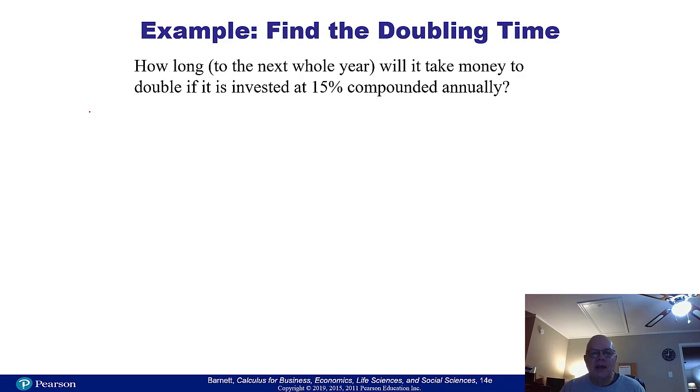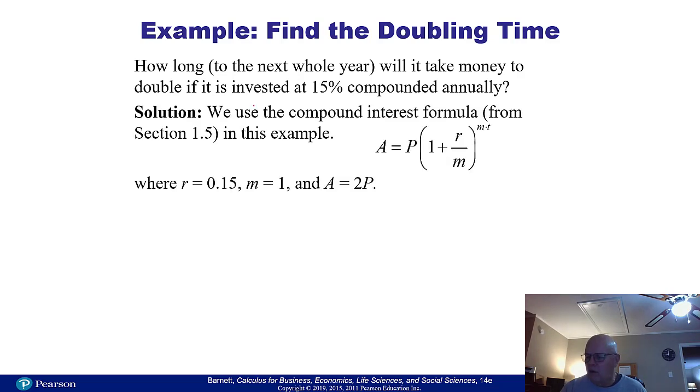So how could you do that? Well, if we have a rate of 15%, compounded annually, now notice it doesn't say continuous interest. So we have to use this formula instead. Put the numbers in there.